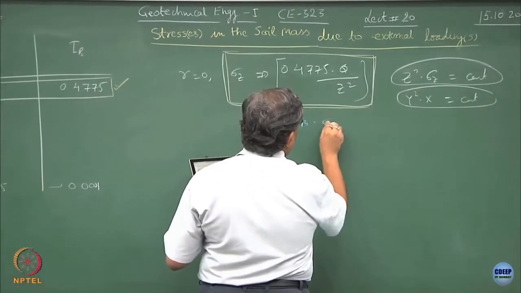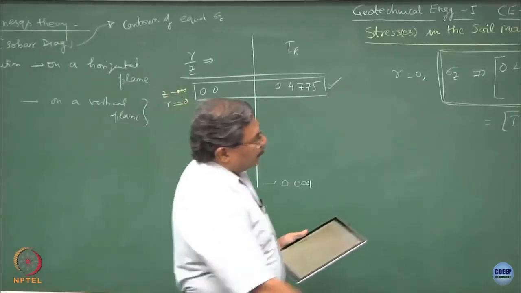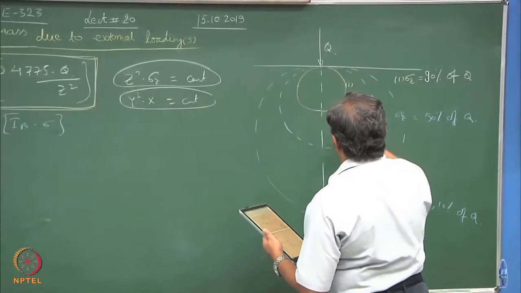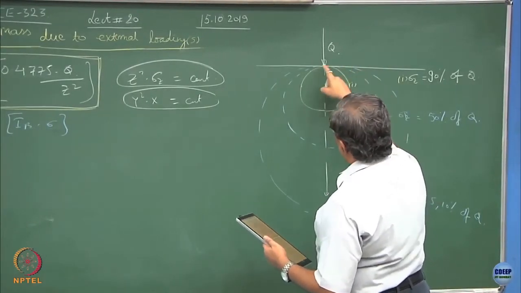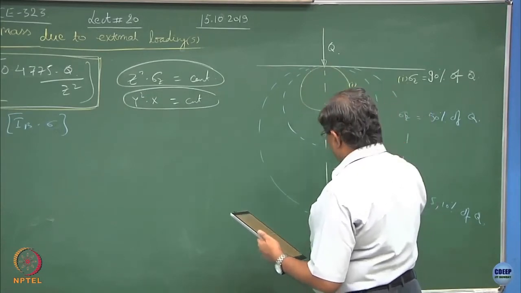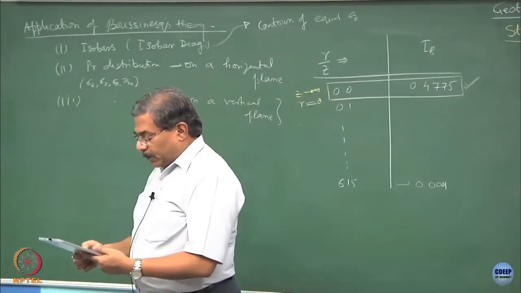So, IB is a function of R and Z. So, basically the contours of these pressure bulbs, we sometimes call them isobars, are inclusive of R and Z, and they depict the state of stress, alright. Now, this is one thing which we wanted to do.